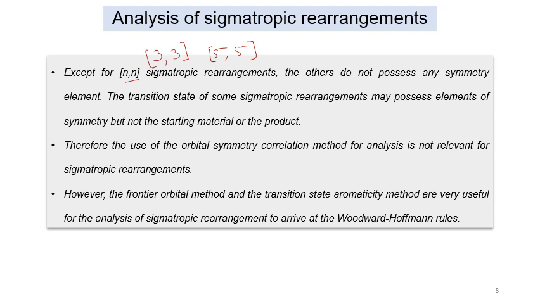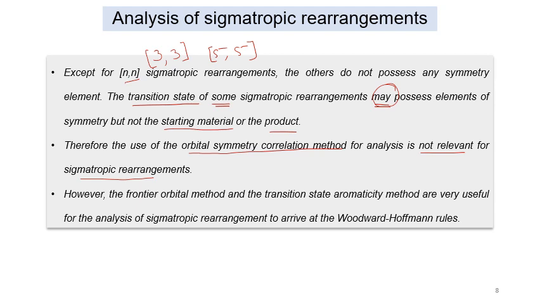The transition state for some of the sigmatropic rearrangements may possess elements of symmetry, but not the starting material or the product. Therefore, what does this mean? This means that the use of orbital symmetry correlation method for analysis is not relevant for sigmatropic rearrangements.